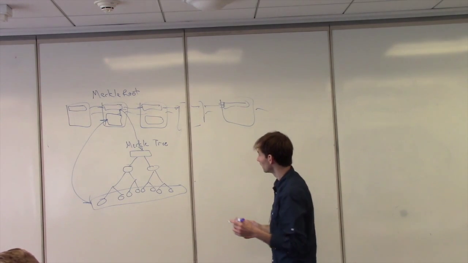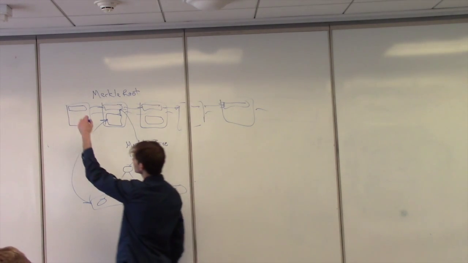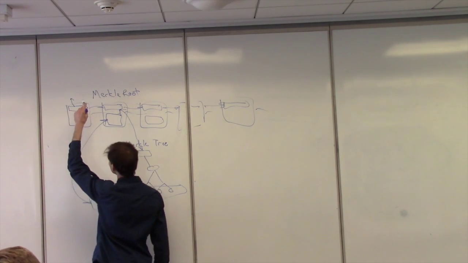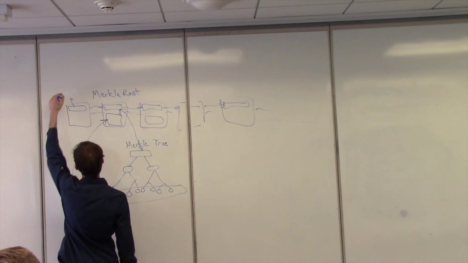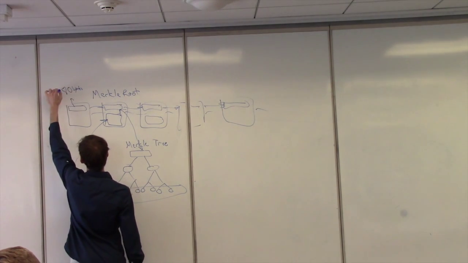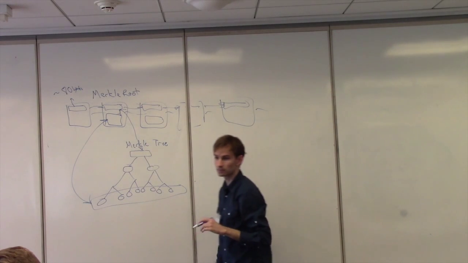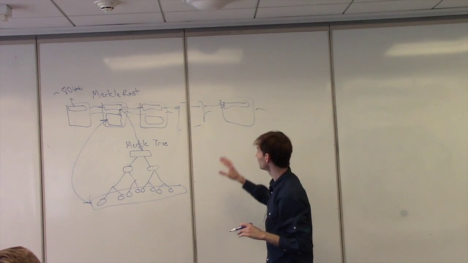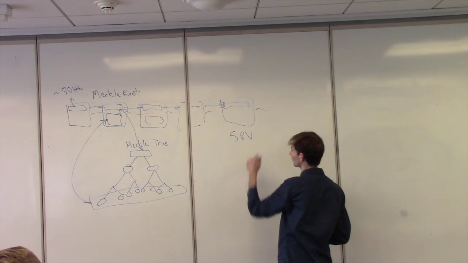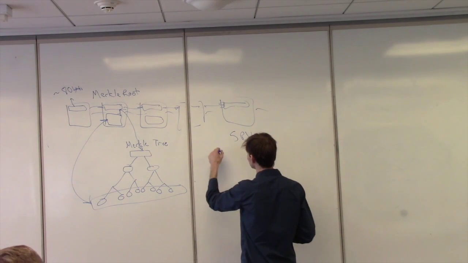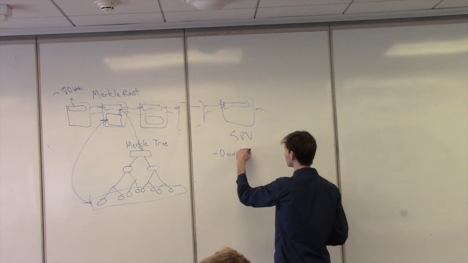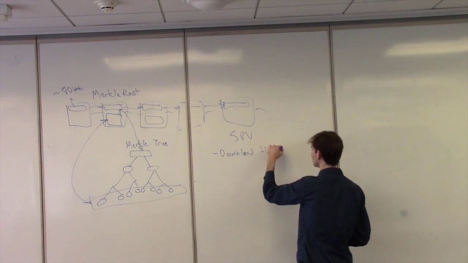Well, these headers, as someone pointed out earlier, are about 80 bytes in size per block. And what thin clients do in SPV is they download the header chain.